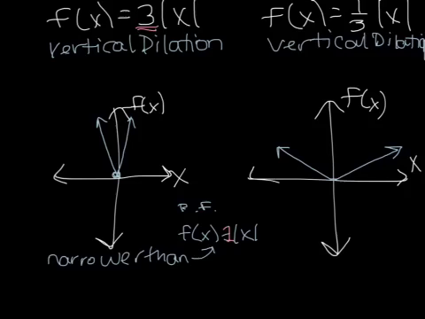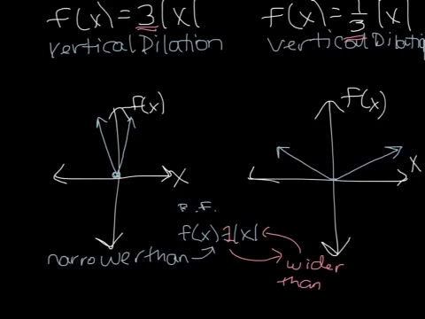Whereas this was 1/3, which is obviously smaller than positive 1, which means that it's wider than the original parent function. So the bigger this number is, even if it's a -3, -3 just means it's going to be flipped in the other direction, but it's still going to be narrower than the original parent function.